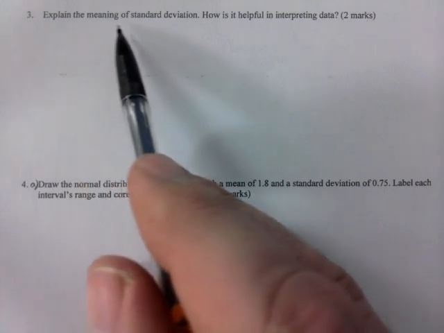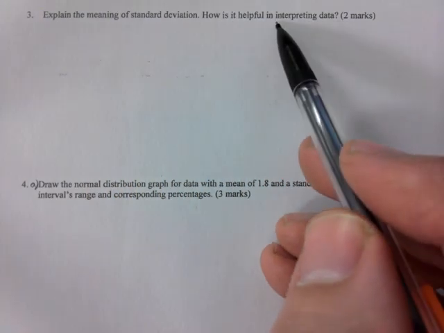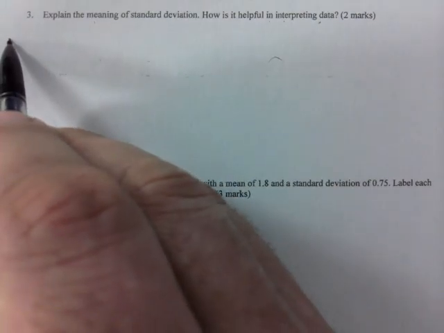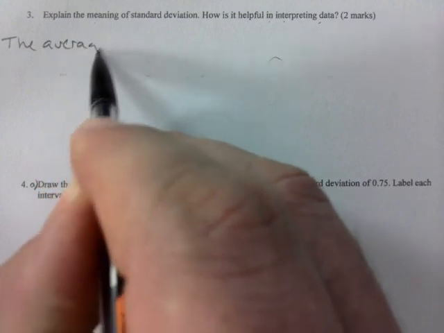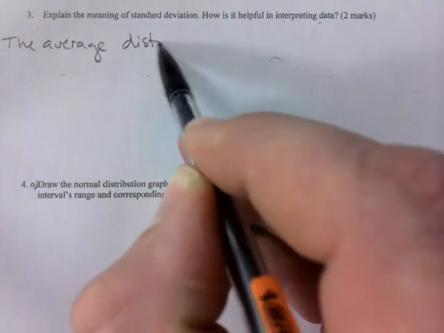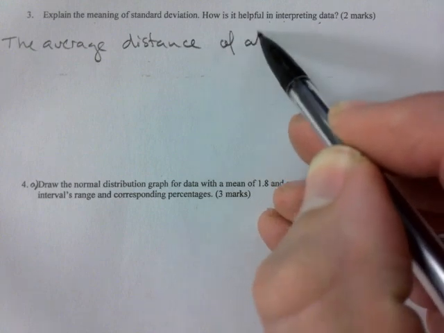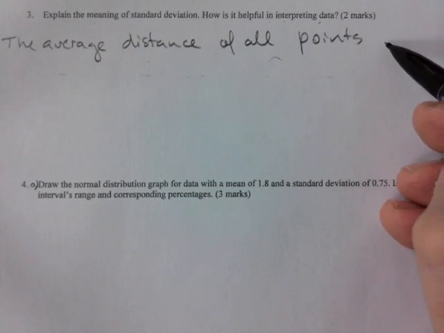Tough one, right? Explain the meaning of standard deviation. How is it helpful in interpreting data? So the meaning, one way of describing it is the average distance of all points from the mean.